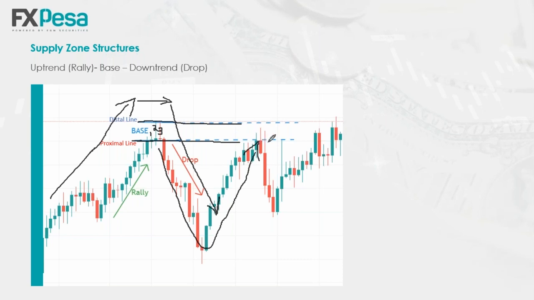When the price comes to that zone, ideally what you want to see is whether price will react favorably towards this zone. Like in this case, you will notice that when the market came back to this zone, it just pierced this zone. Then we had another rally to the downside.